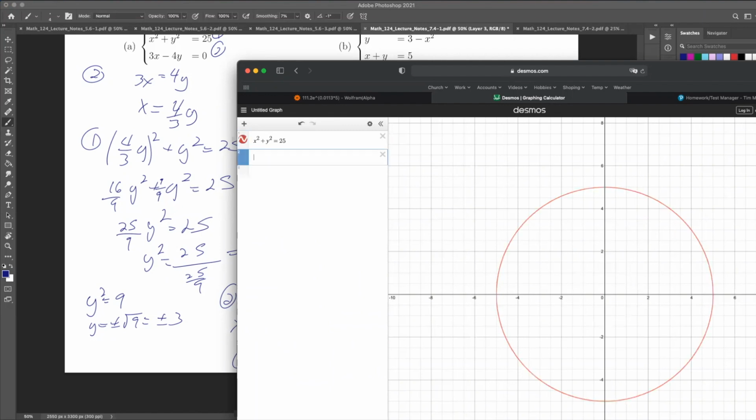The other one was 3x minus 4y equals 0. Here we have nonlinear things, but we're just looking for the intersection. Here we have 4, 3 and minus 4, minus 3, and so we have the two solutions, right?